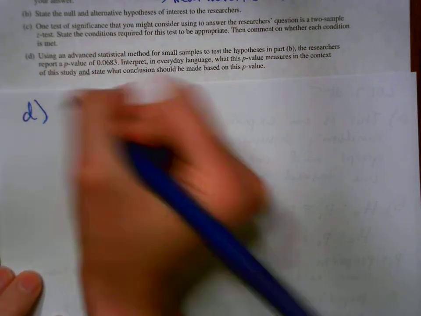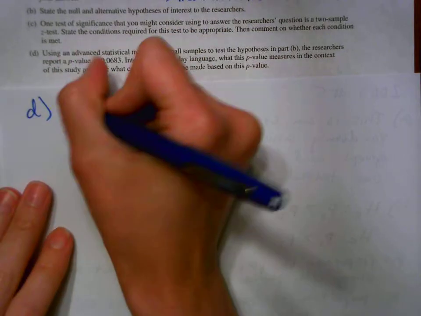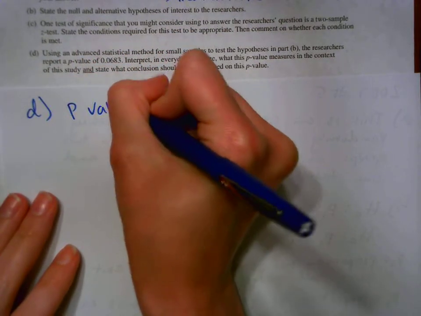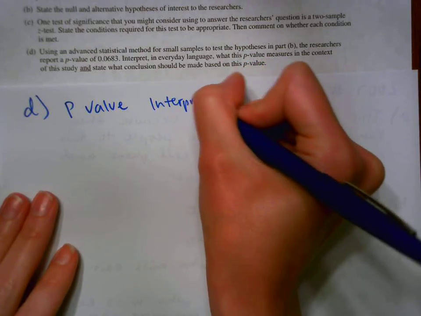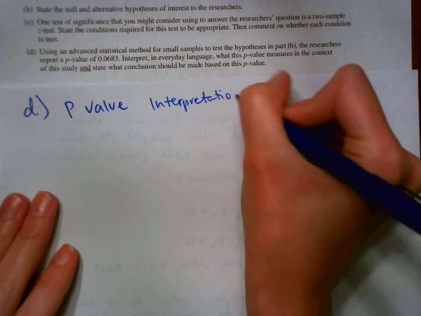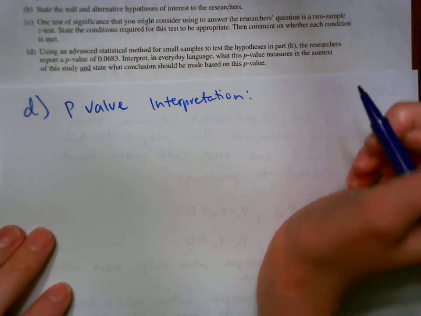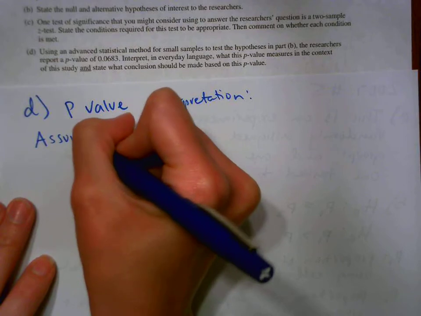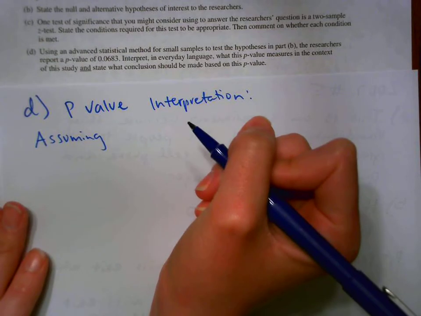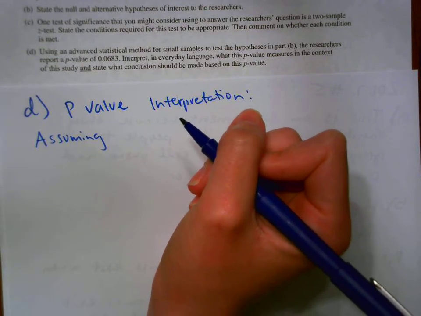So first we're going to interpret the p-value. How do we start this off? Assuming the null is true, and whatever you can put in context, go ahead and put it in context.